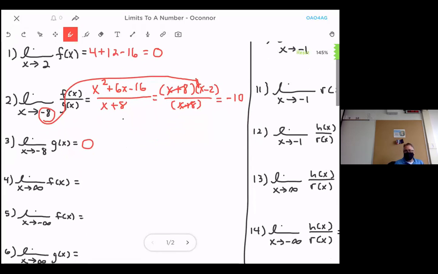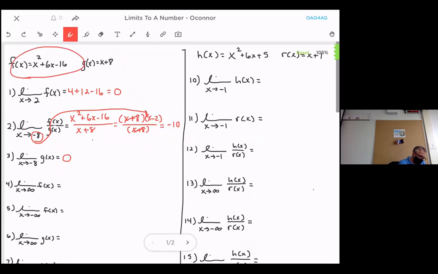Now, problem number 4 and 5, those are different. So you got to be careful because here we're going to infinity and negative infinity. So different type of problem. So I'm finding the limit as x goes to infinity of f. F was this guy. So that's a polynomial. It's quadratic, more specifically. And so all I'm trying to do is figure out if the ends are going to go up or down.